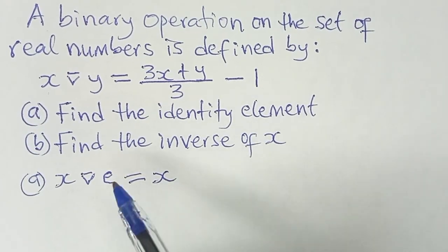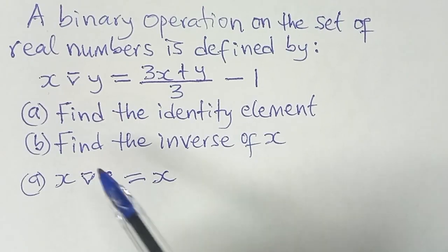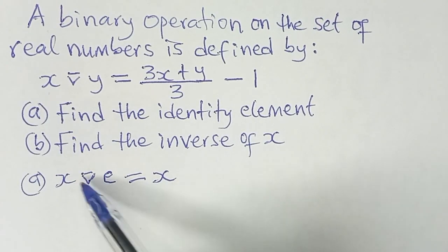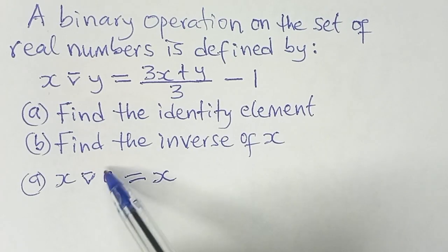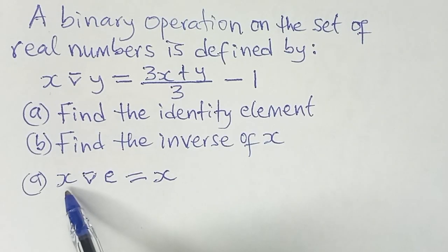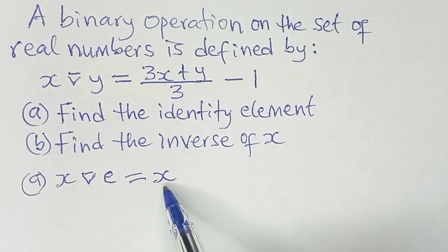So that is what the identity element is about. Carrying out the binary operation on x and the identity element E will be equal to this same letter x.